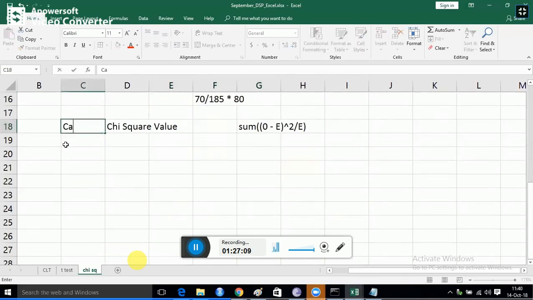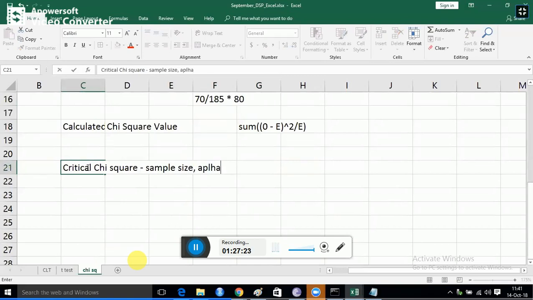This is my calculated chi-square. There is something called critical chi-square, which depends on the sample size, alpha, degrees of freedom, and so on. So from the chi-square table, we will be calculating this critical chi-square value. Is that clear now? Yes?